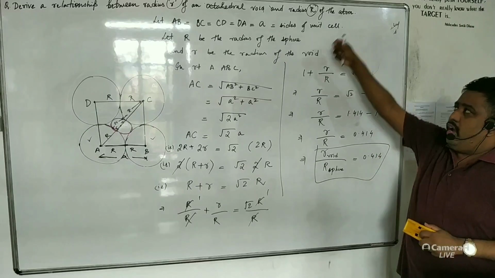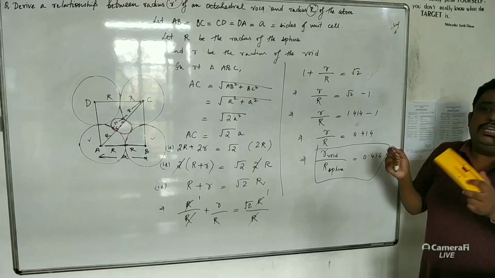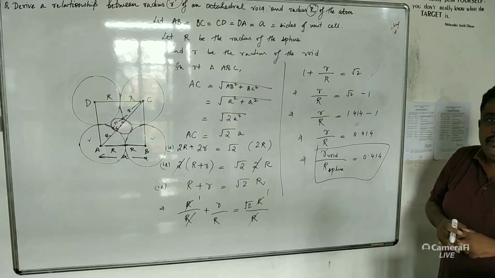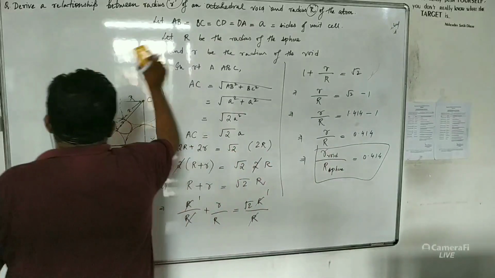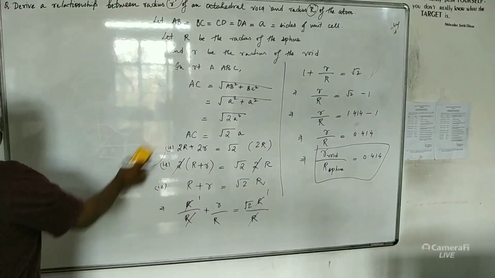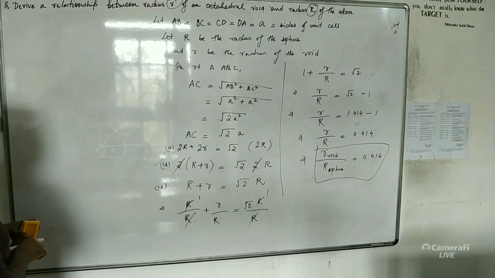And for the tetrahedral void, I want you to do it by yourself. I'm just writing the relationship on the board for the tetrahedral void here. For the tetrahedral void, all of you write down. Such kinds of numericals can be asked.